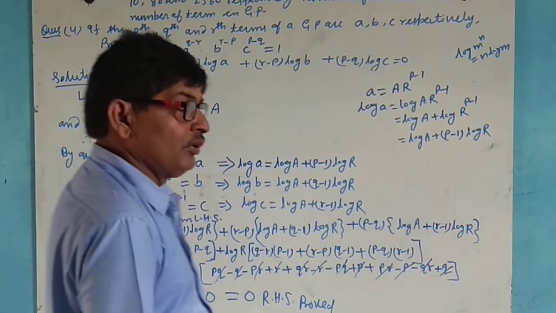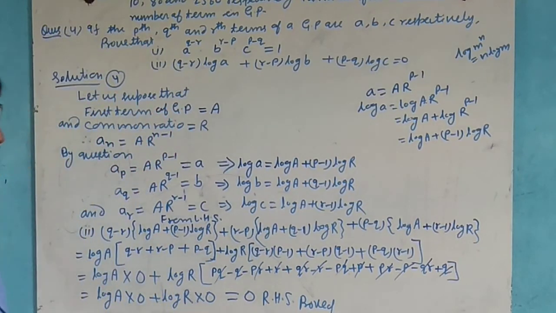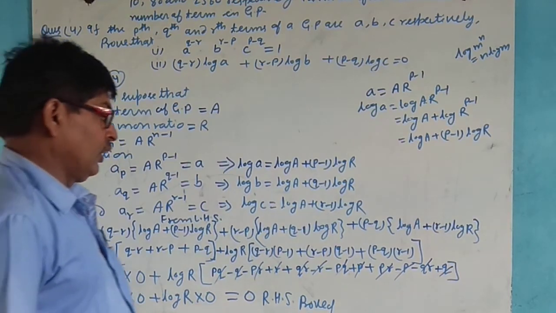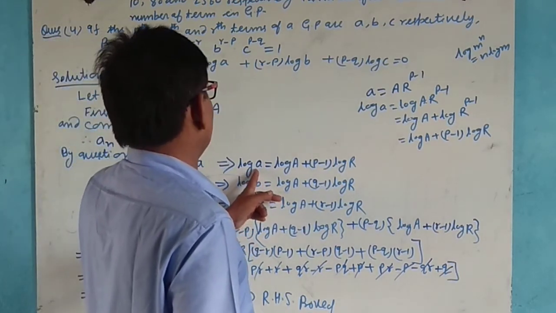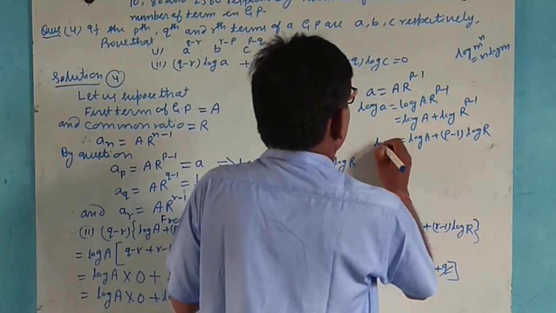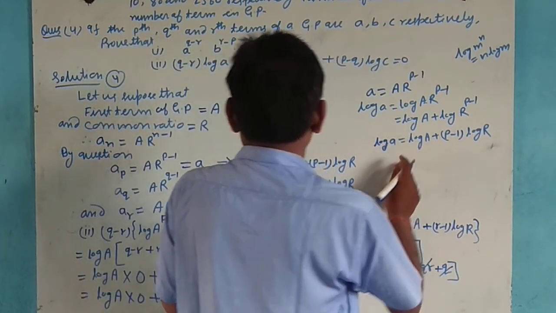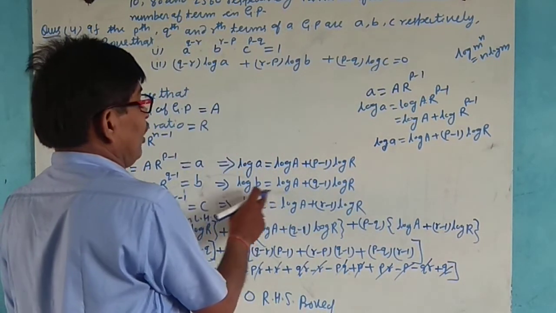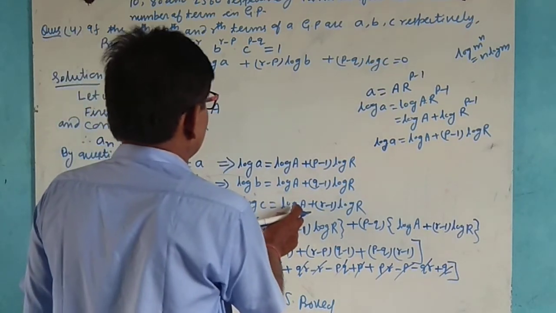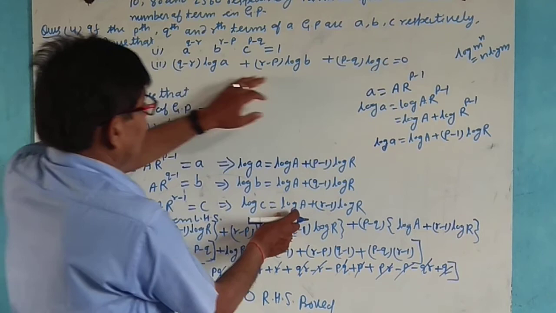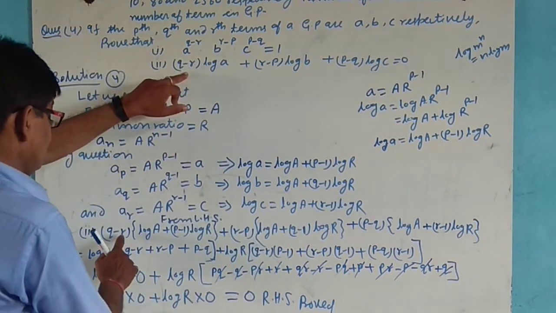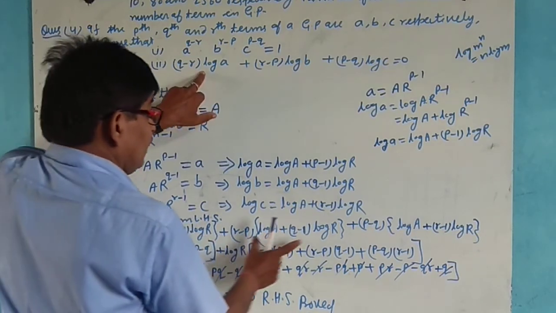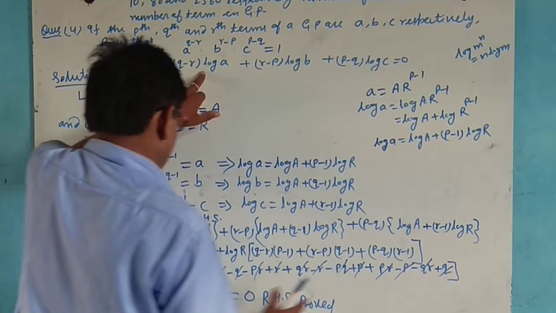We have discussed logarithms in previous videos. Now log a equals log A plus (p minus 1) log R. Similarly log b and log c are obtained, and we put them in. Here (q minus r) log a, using the values of log a, log b and log c.